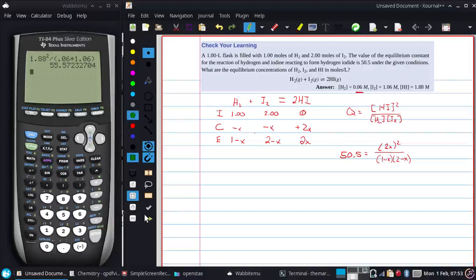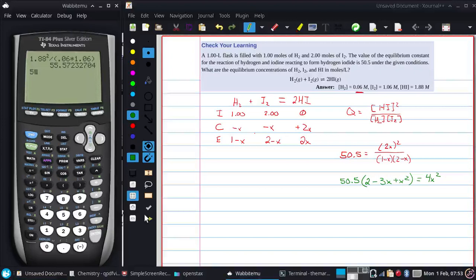So right now I'm going to change color, because if I solve this the challenging way, I'm going to FOIL this and bring it up to the left side. So 1 times 2 is 2. 1 times x, and 2 times x is minus 3x, and then x squared. So I just FOILed that. And this is going to be equal to 4x squared.